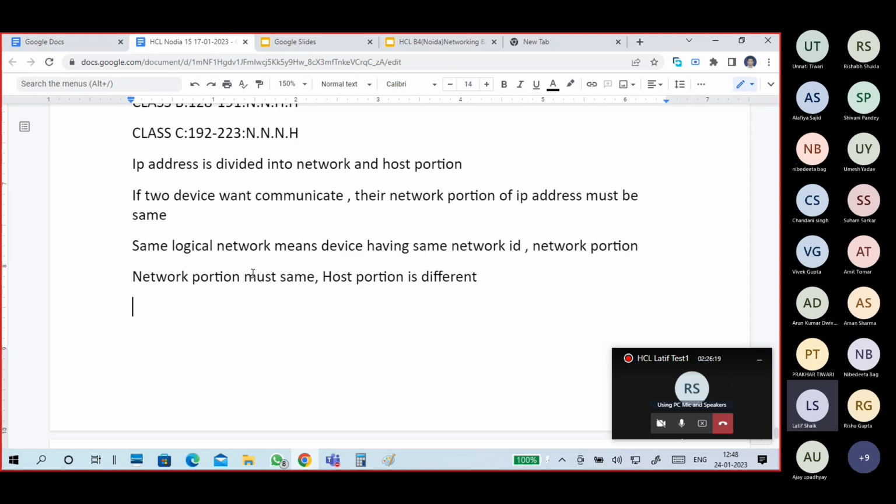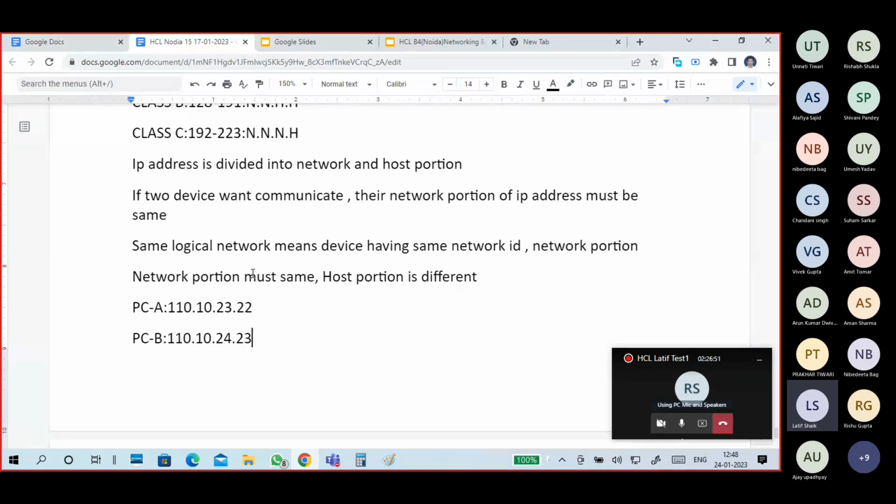Take an example, two devices: 110.10.23.22, this is one PC, for example PCA, and this is my PCB, another PC, 110.10.24.23.